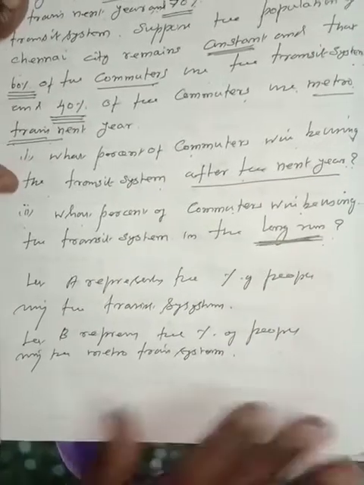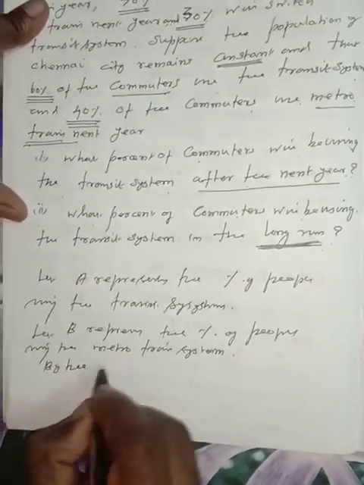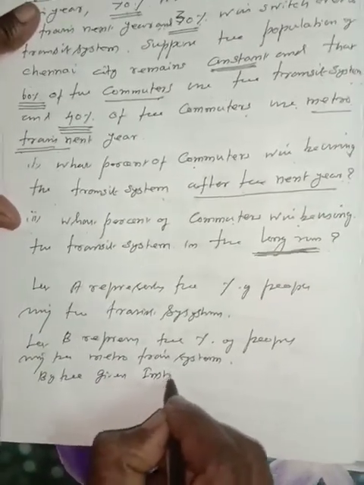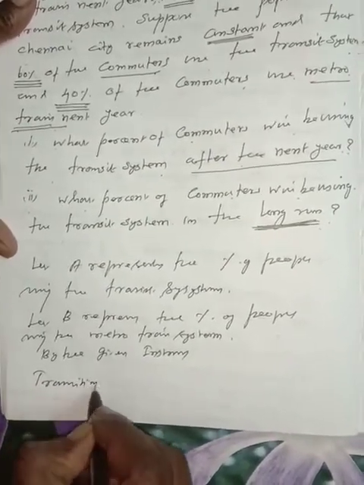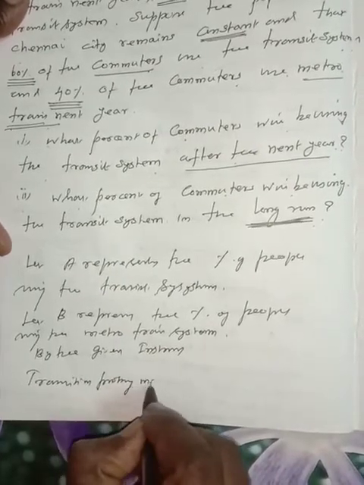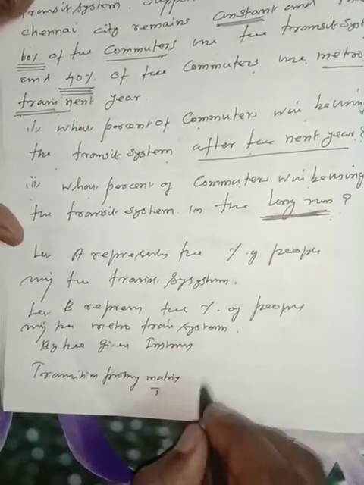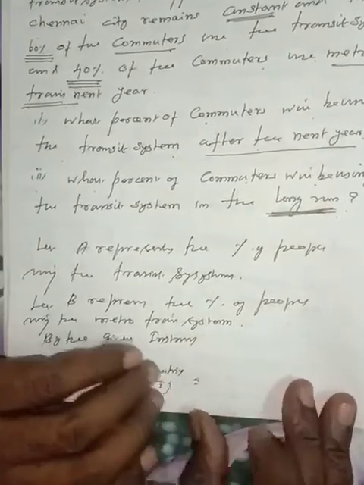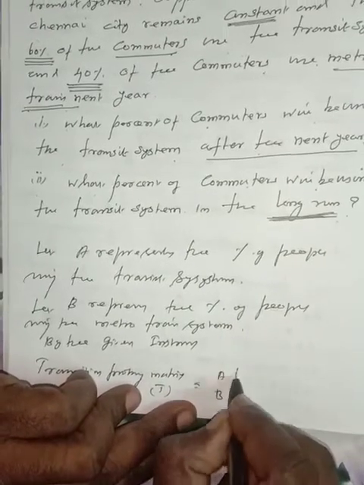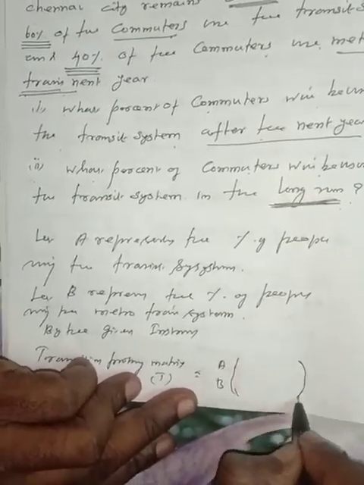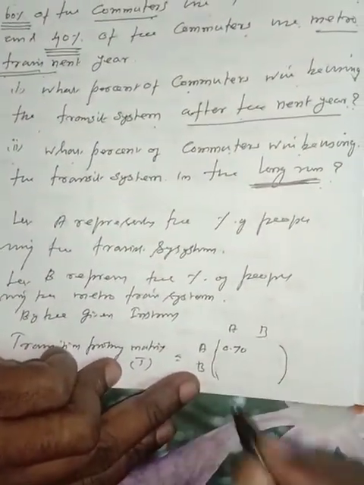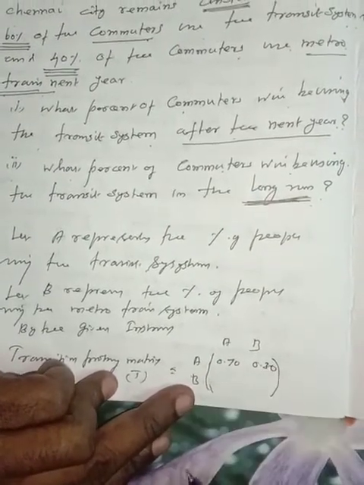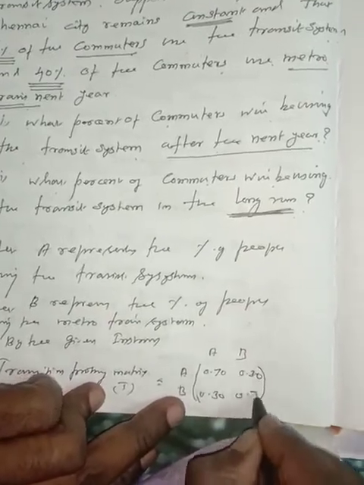The transition probability matrix T is a two cross two matrix over A and B: first row 0.70, 0.30, second row 0.30, 0.70.